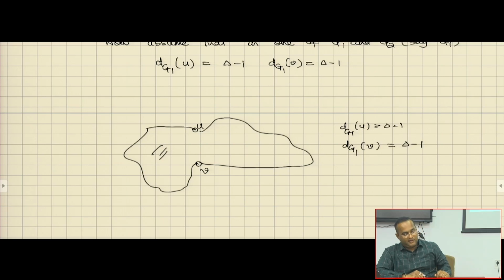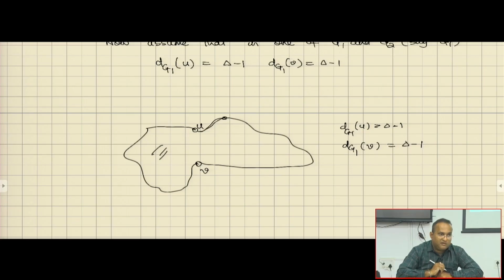Then U is going to have only one neighbor here, let us say U dash. What about G minus U dash and V?